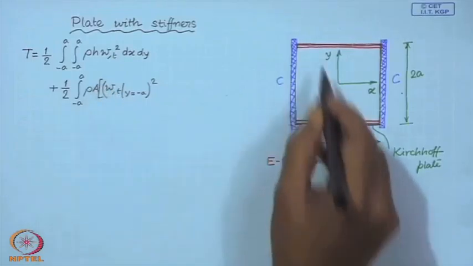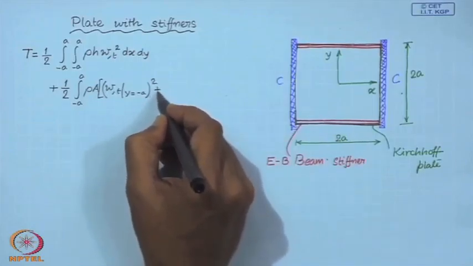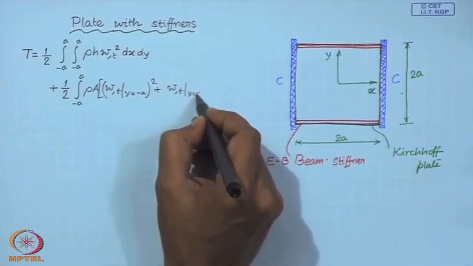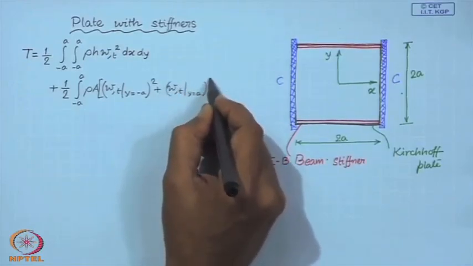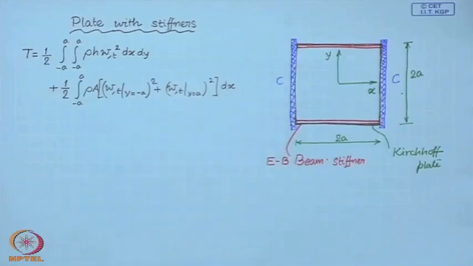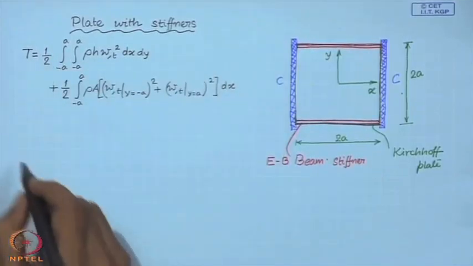We consider identical beams, so rho a is the same for both. So, that is the kinetic energy of the total system.